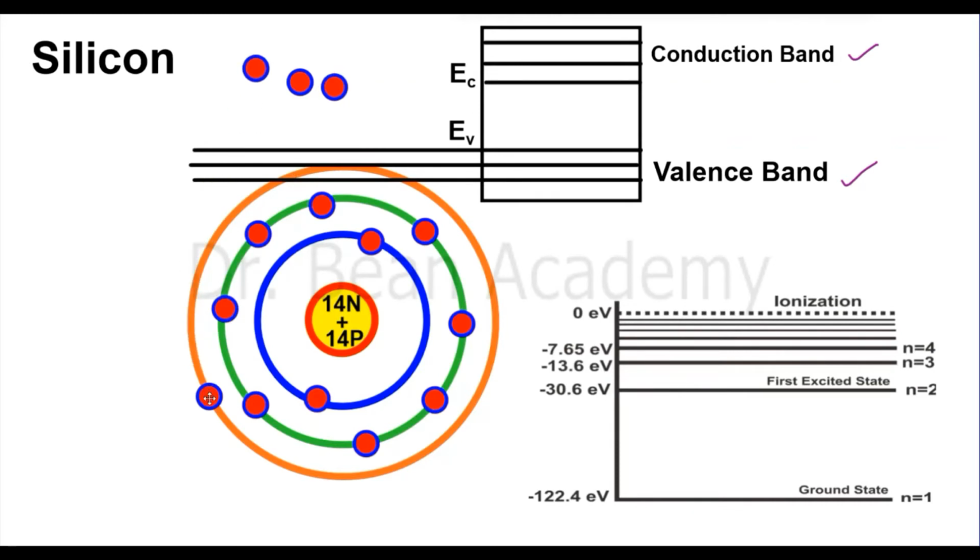This one is also gone and this one is also gone, and now they are almost free from the nucleus, and I can use them for conduction. If I snatch, for example, these 4 electrons out of the outermost shell of this poor atom, thus providing the energy, they are not bound with their nucleus, and if I apply an electric field across this material, they will just follow the path.